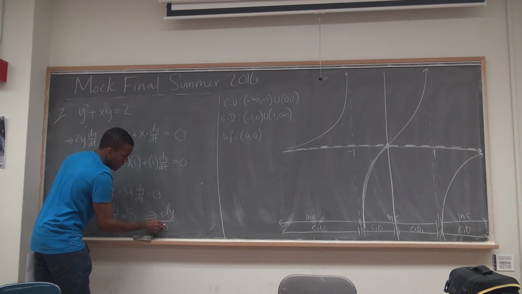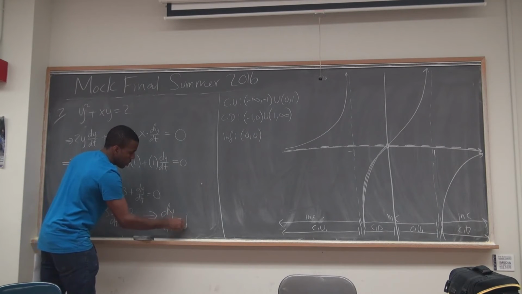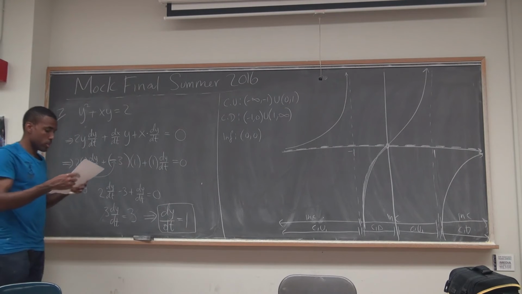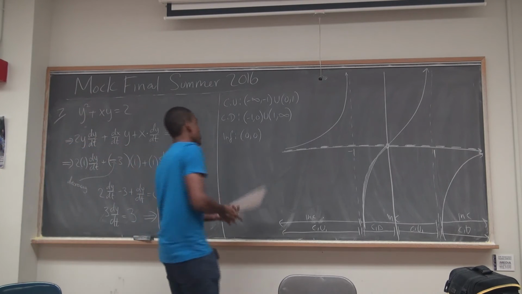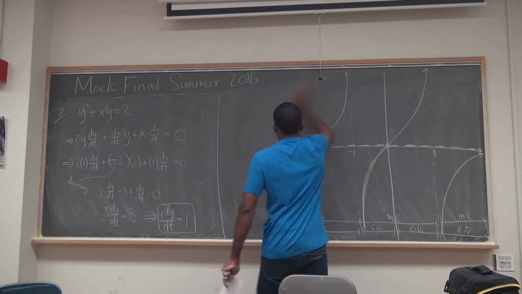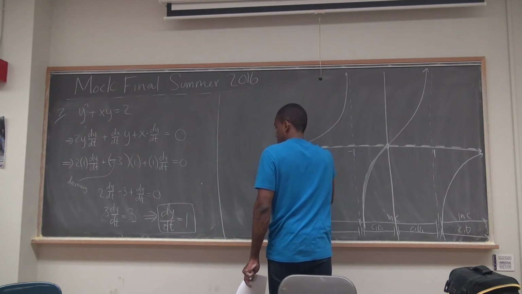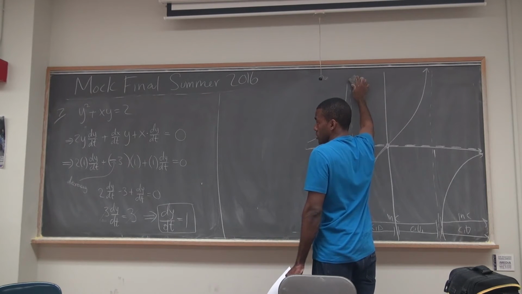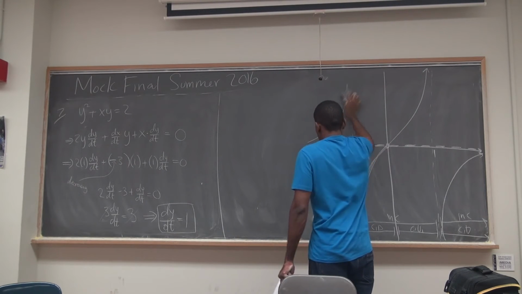So you get dy/dt equals 1. Or you could say it's increasing at a rate of 1 unit per second. And what I didn't do was substitute at that point. I moved everything to one side and then substituted. That's fine.